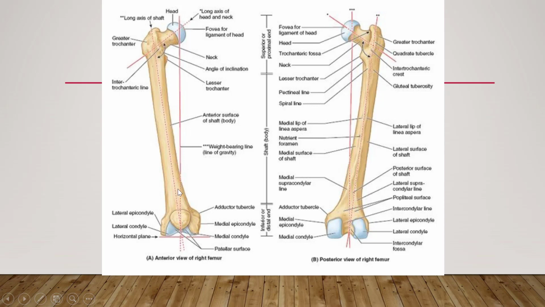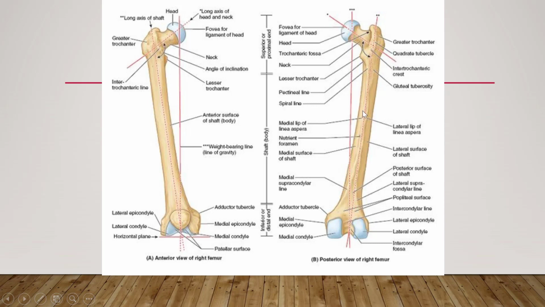Then we have the shaft of the femur. The anterior surface of the shaft is very smooth, but the posterior surface has a prominent ridge called the linea aspera. The linea aspera has two lips, a medial lip and a lateral lip. The lateral lip goes above and is continuous with the gluteal tuberosity.